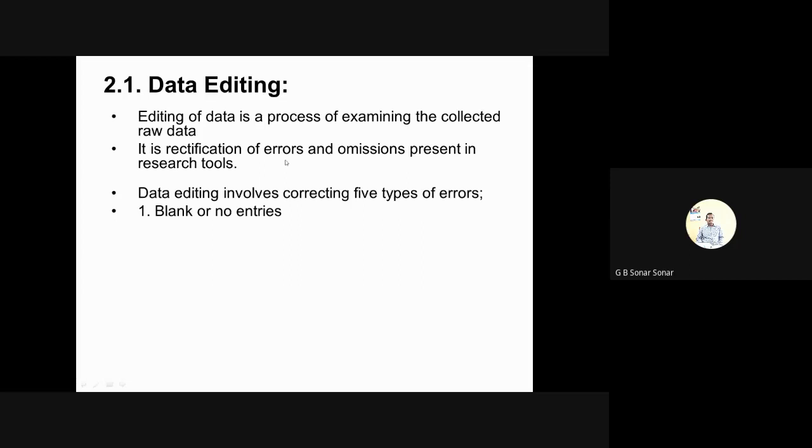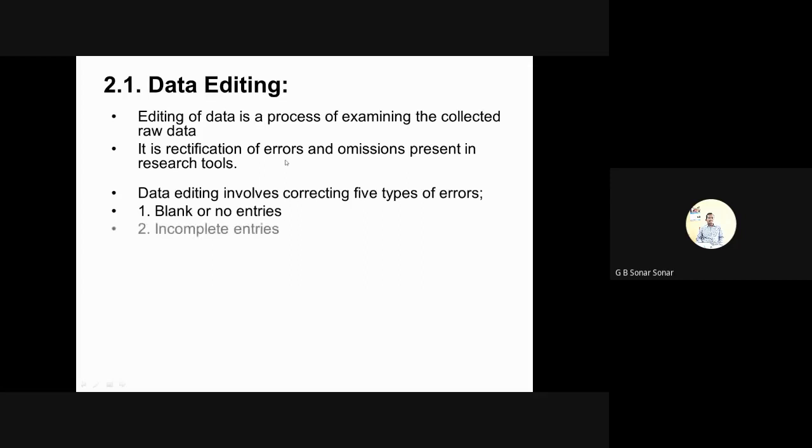So the researcher has to take very much care while editing the data and see whether there are any blank entries. If there are, the researcher is supposed to take those interview schedules, see whose data it is, go to the same respondent, collect it and fill those unfilled entries. So this is a very, very important aspect of data editing.